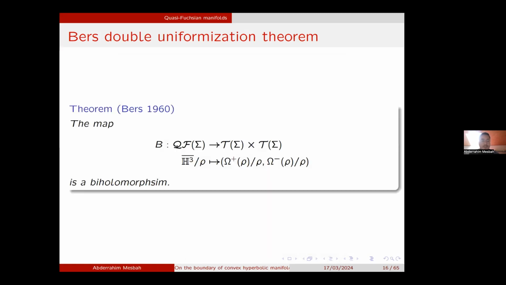And here we have this theorem of Bers that gives a full identification between quasi-Fuchsian manifolds and their ideal boundary.